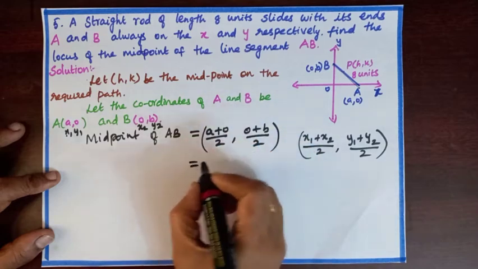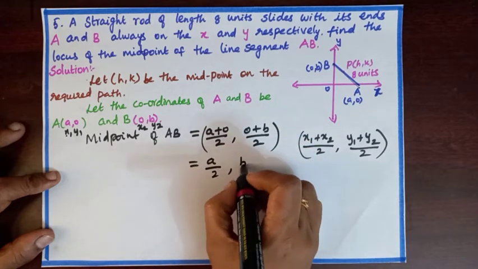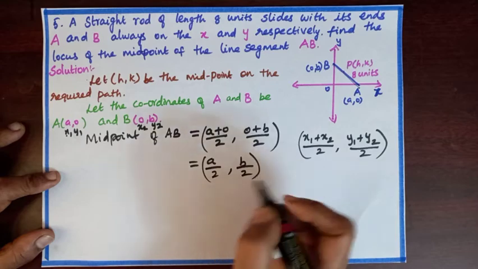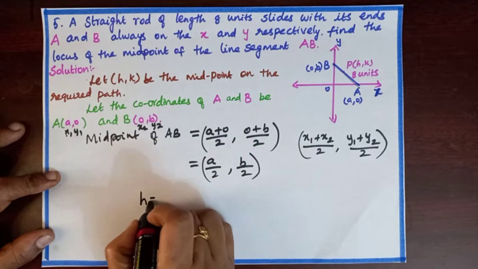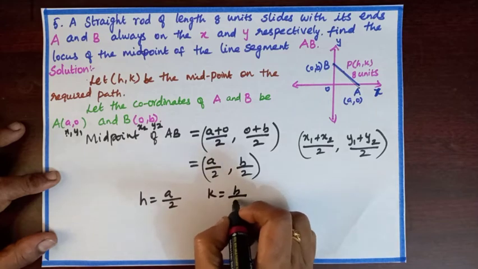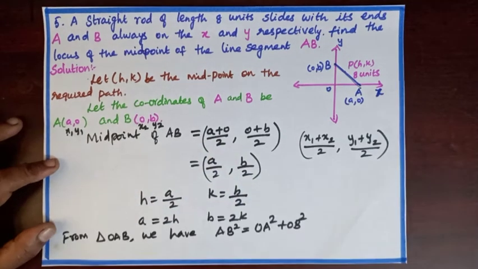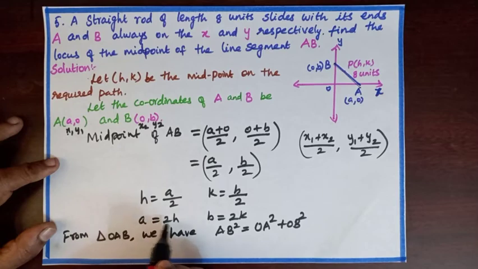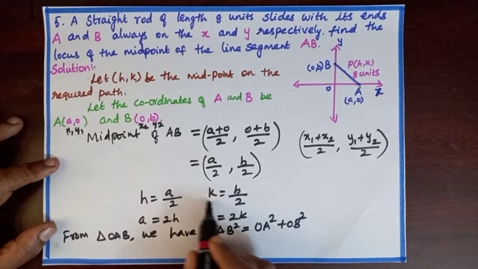Now we are getting a by 2, b by 2. Now assume h as a by 2 and k as b by 2. So a equals 2h, b equals 2k.